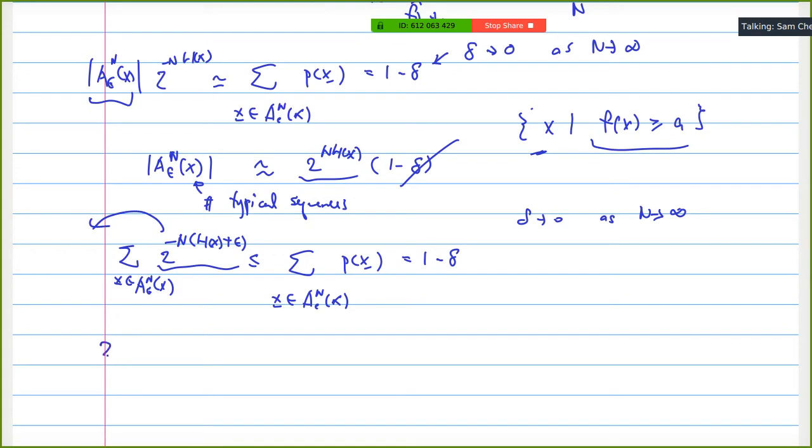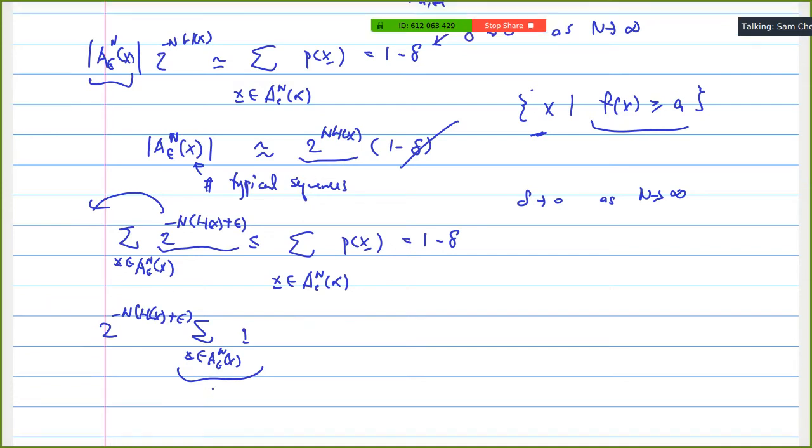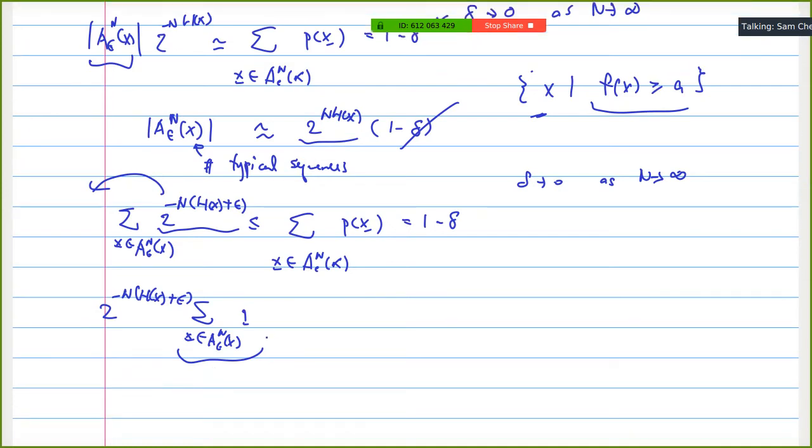So therefore I have 2 to the minus n(H(X) plus epsilon), then the sum over x in A_epsilon^n of 1. But what is this doing? It's just counting how many sequences are in this typical set. So we denote this as the size of the set. This is a common notation: you have a set S, and the size of the set is written like this.